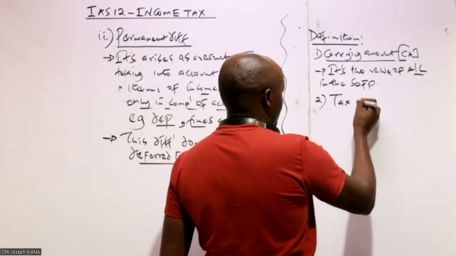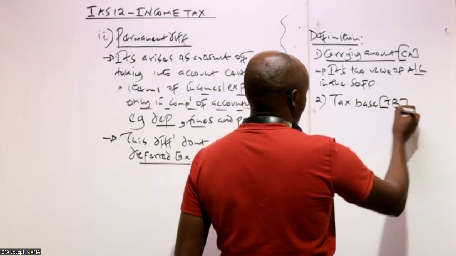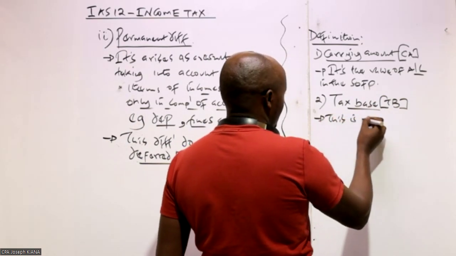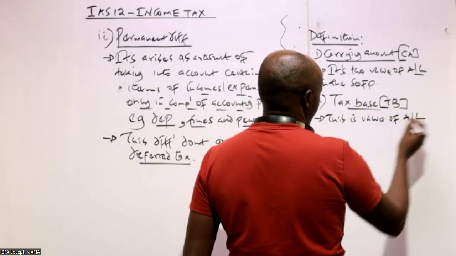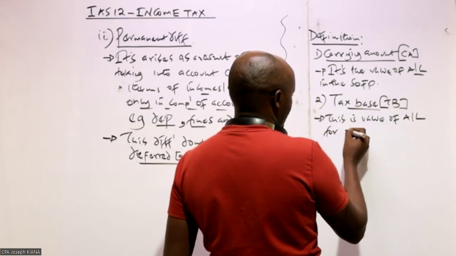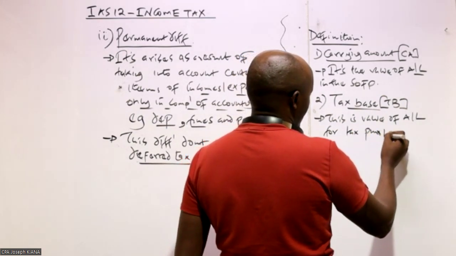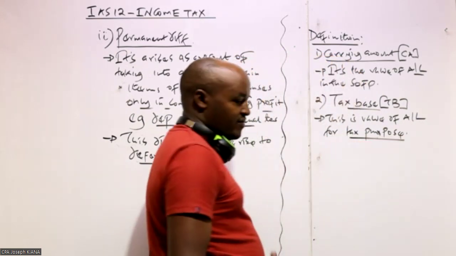The other term we also need to define here is the tax base, that is TB. And tax base, on the other hand, is the value of an asset or liability for tax purpose.